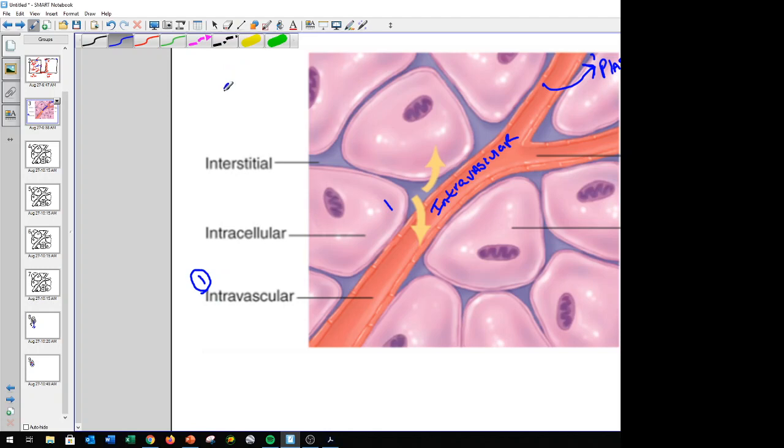Here's your heart, right? And this is your aorta coming off, bringing blood around, and back up into the right atrium. Remember, it's like a big circuit. I'm just going to draw a little box here.